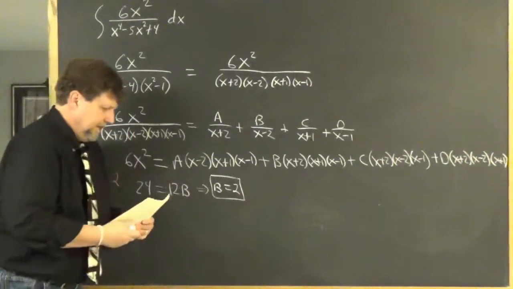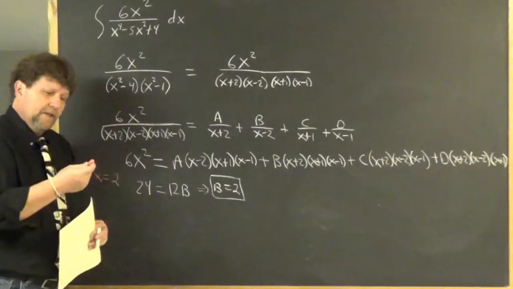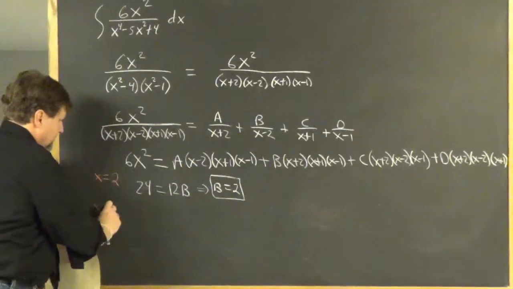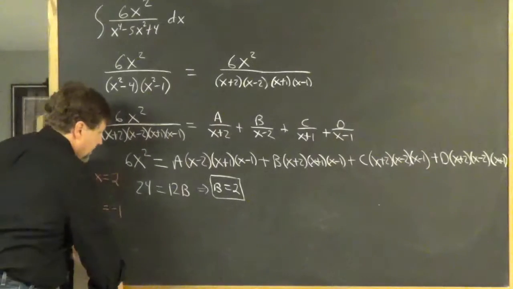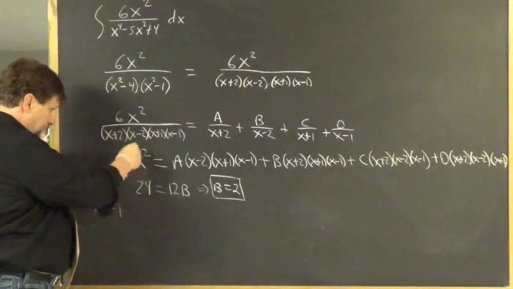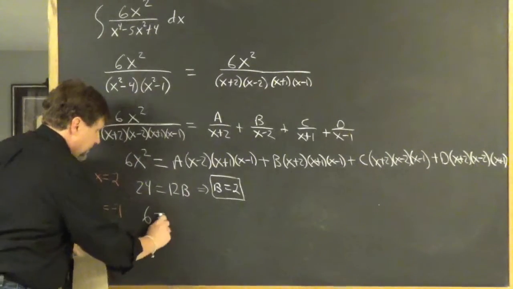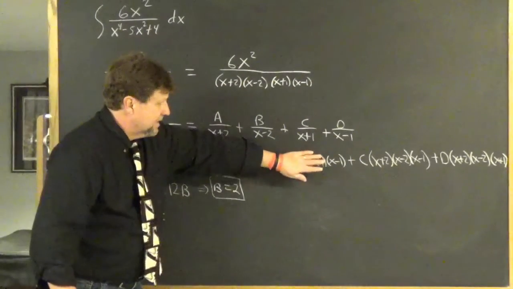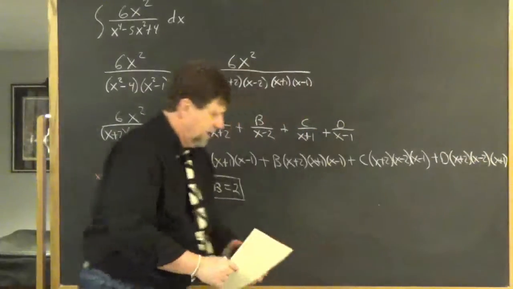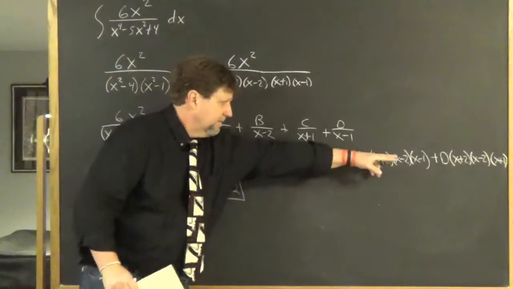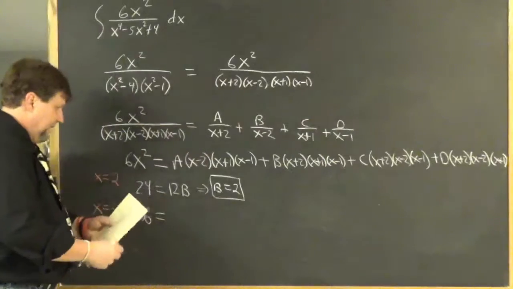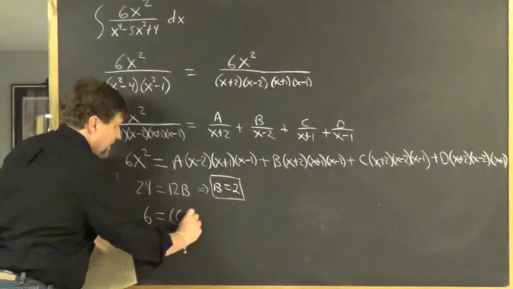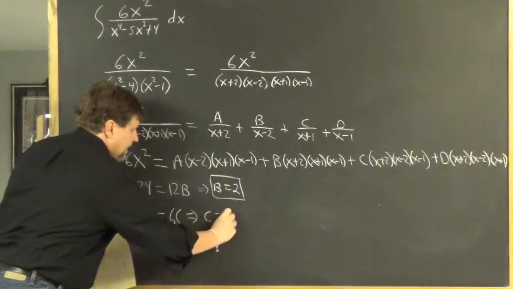Okay, next I would pick x as negative 1. Over here I get a 6. If x is negative 1, the other terms are gone, so I put negative 1 in for those x's and I get 6C, so that tells me C is equal to 1.